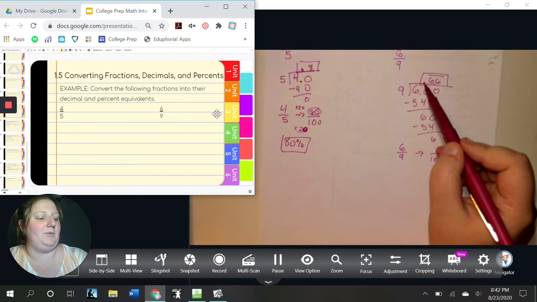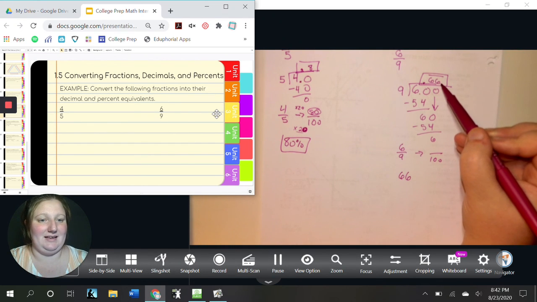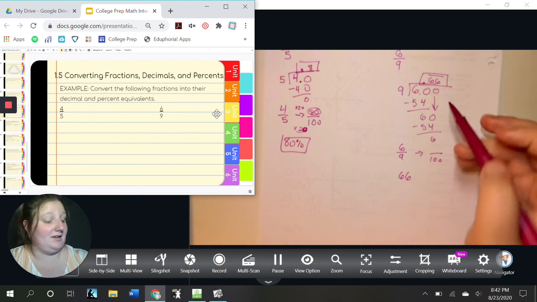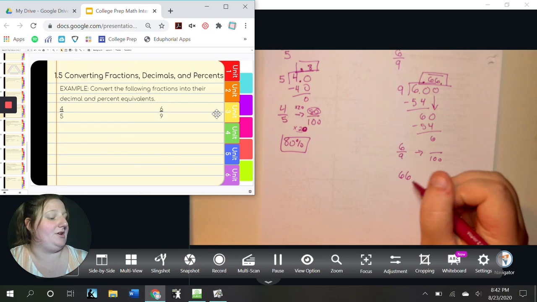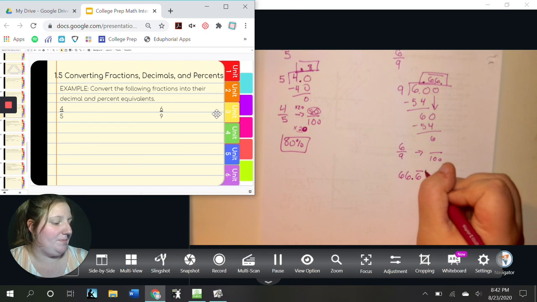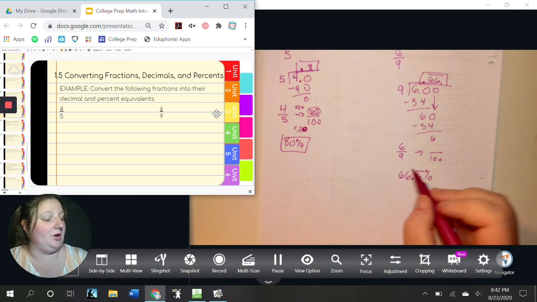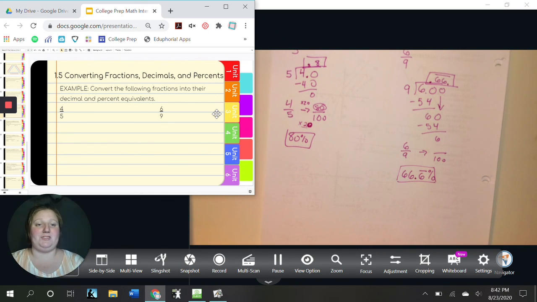When we do that, we have 6, and after that 6 is still repeating. So 66.6 repeating is the percentage version of 6 over 9.